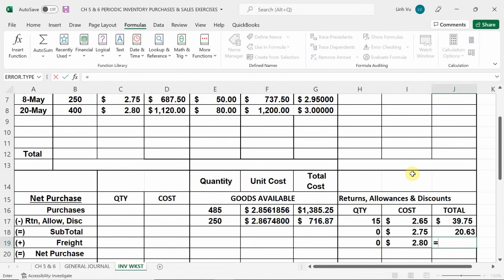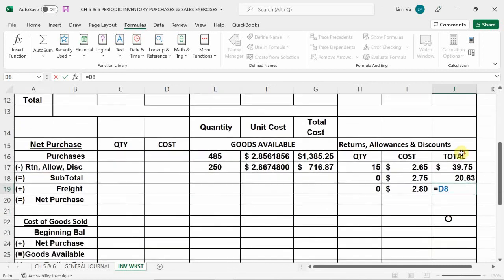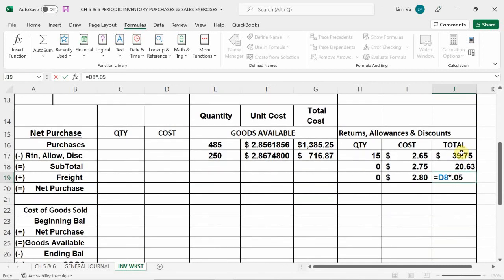Now in this case, we want to know what the discount amount is, which is going to be based on the purchase price, which was the $1,200. But we can't discount the freight. So therefore, we're discounting the $1,120, and we're discounting that by 5%, which we already figured out to be $56.